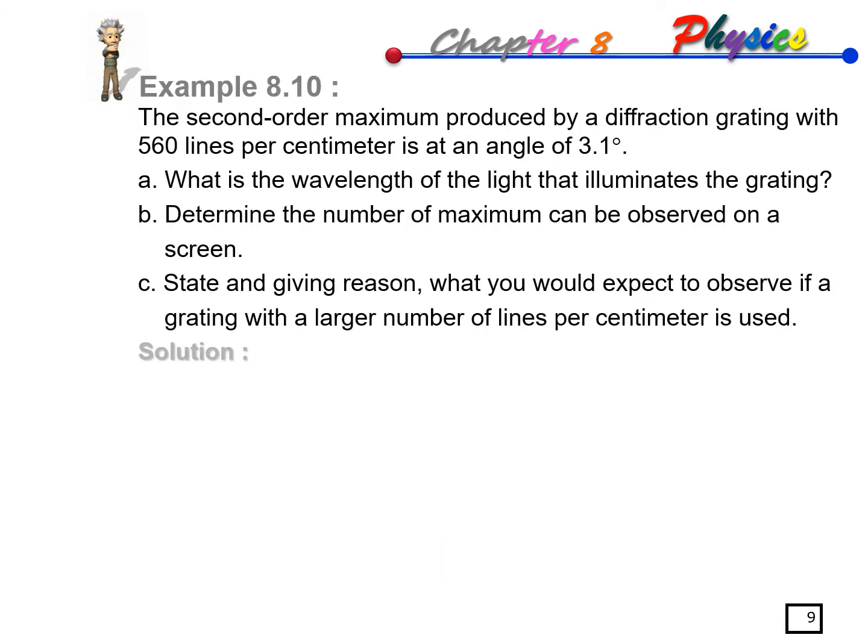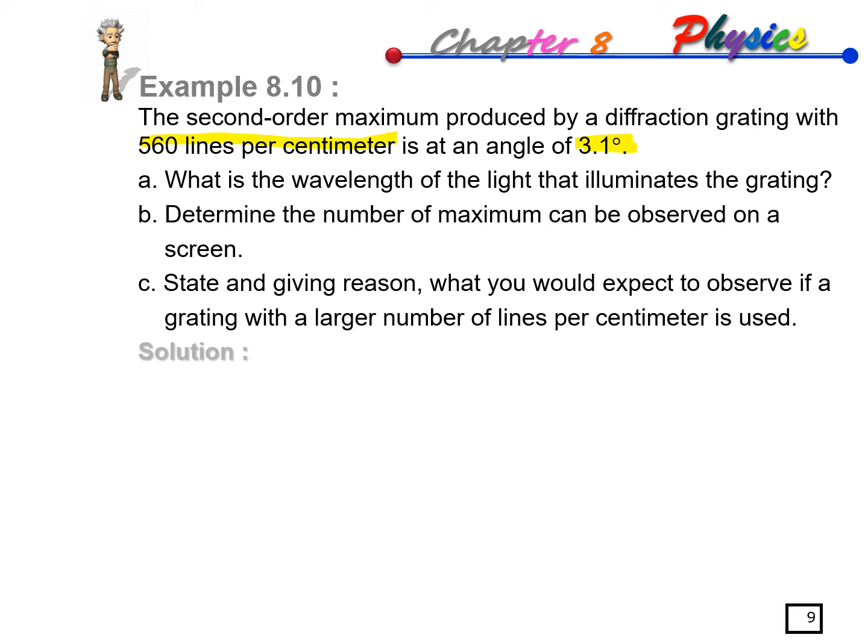8.10, the last example. The second order maximum produced by a diffraction grating with 560 lines per centimeter is at an angle of 3.1 degrees.